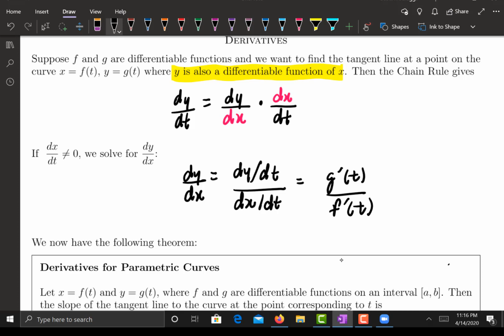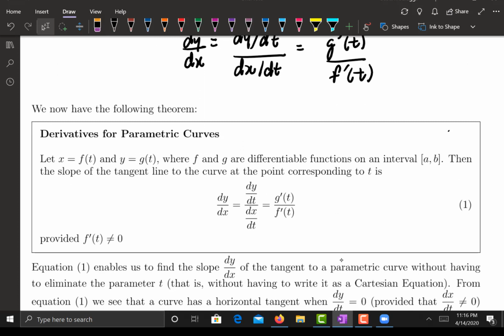And that's how we're going to talk about a derivative for a parametric equation.